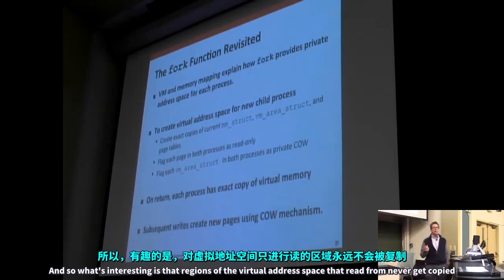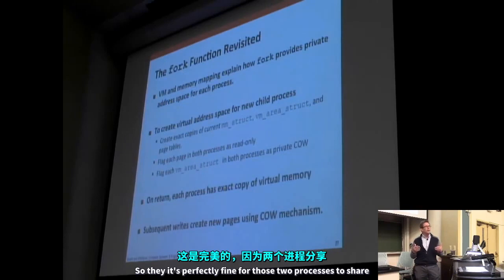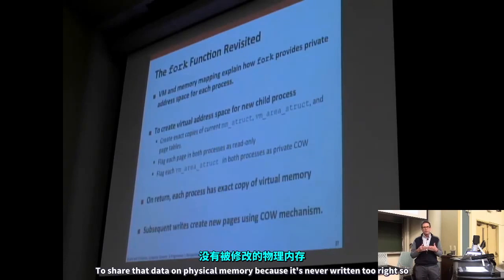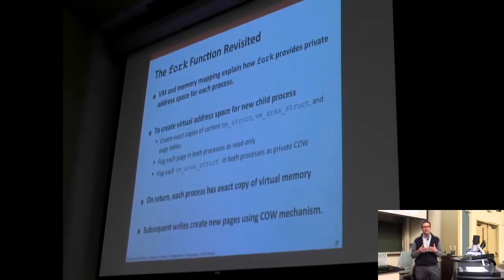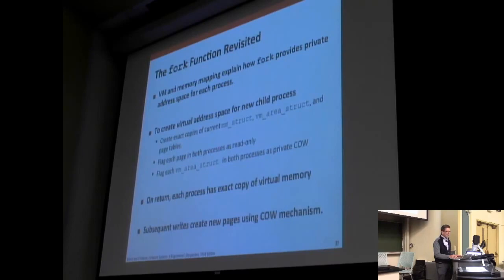What's interesting is that regions of the virtual address space that are read from never get copied. So it's perfectly fine for those two processes to share that data in physical memory because it's never written to. Okay, so that's why fork isn't so bad.